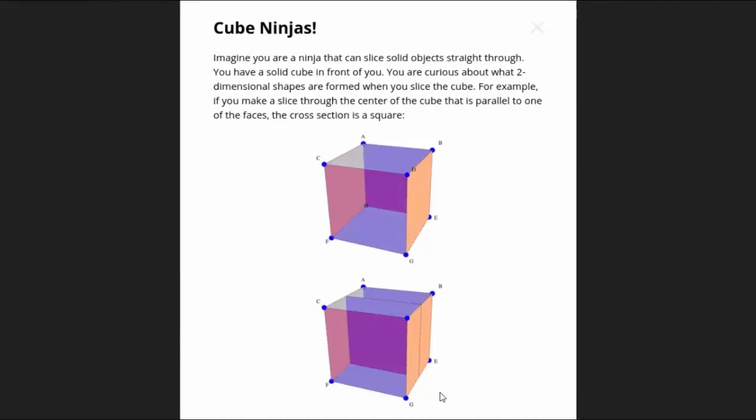As students explain the slices that they've used to create their cross sections, they must attend to precision using accurate mathematical language. Allowing students to focus just on the visual representations provided by the task causes them to reason abstractly and quantitatively as they begin to discuss which cross sections could be created by the different slices.